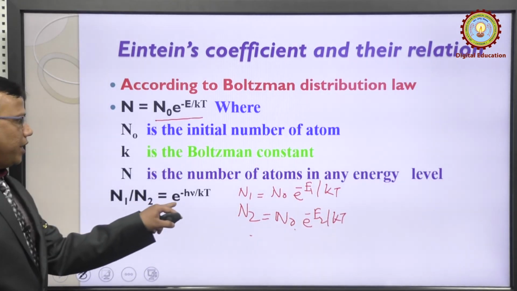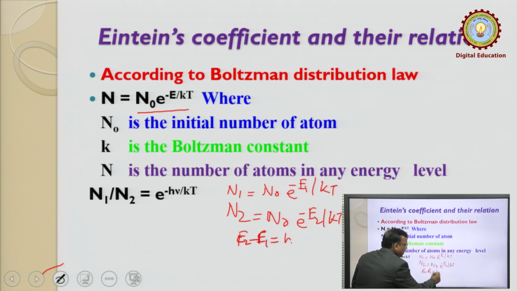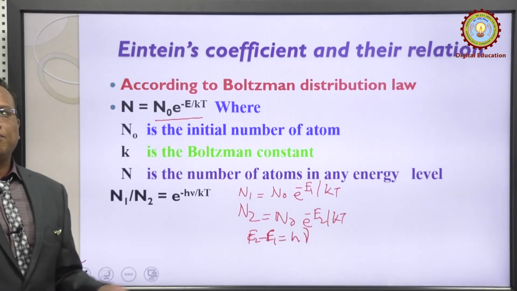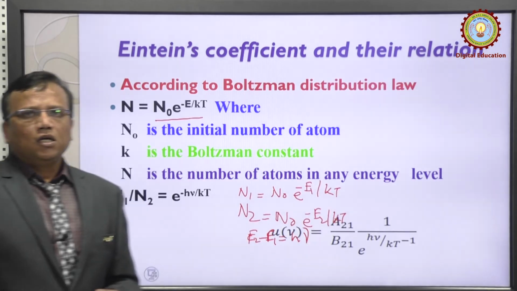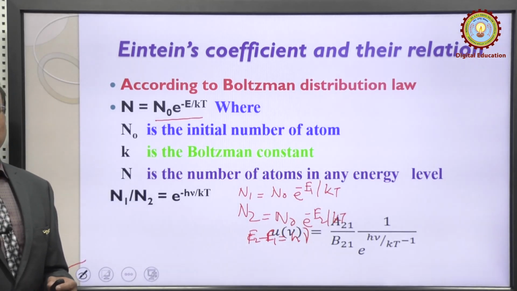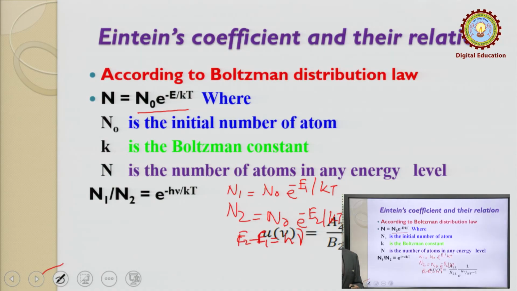So for N1 upon N2, E2 minus E1 is given by h nu. So N1 upon N2 is e raised to the power h nu upon kT. Putting this value we get u nu is equal to A21 upon B21 times 1 upon e raised to the power h nu upon kT minus 1.